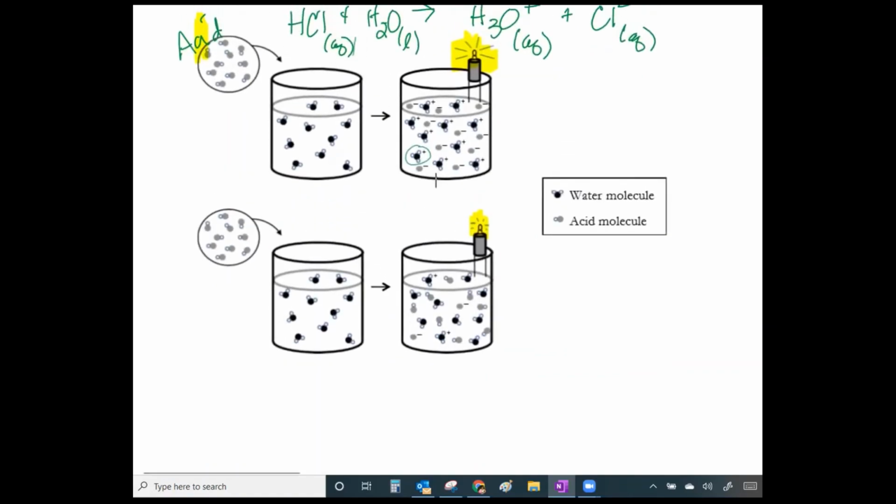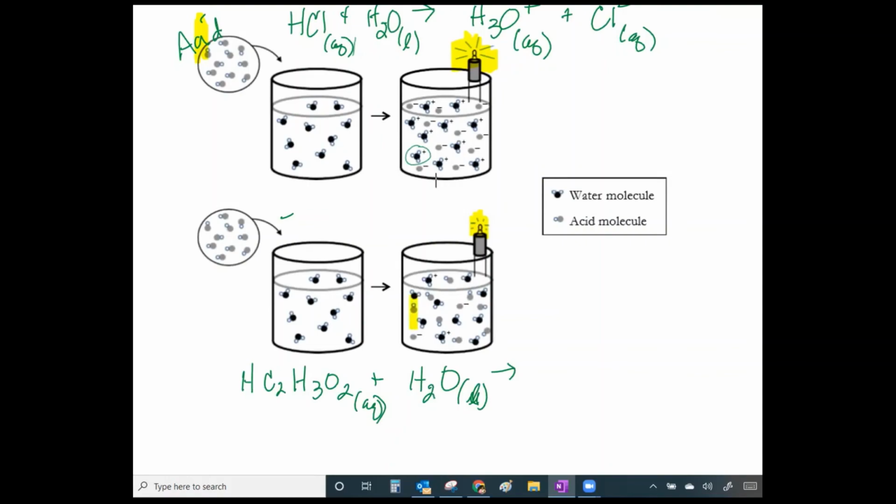This guy would be an example of vinegar. So if you take vinegar, let me rewrite that down here. Notice how many of the vinegars broke up.